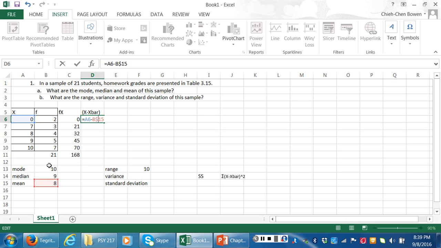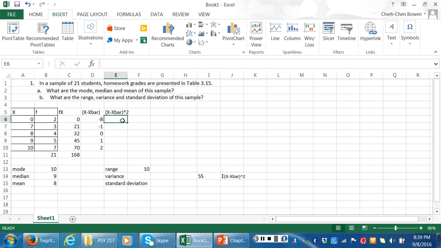Remember, B is the column and 15 is the row. Putting the $ sign in between will fix the value for you, and that allows you to copy and paste. 0 minus 8 is negative 8, so that's correct, and we just copy and paste to the last value, which is 10, and 10 minus 8 is 2, so the calculation is correct.